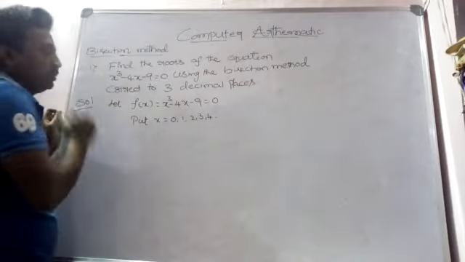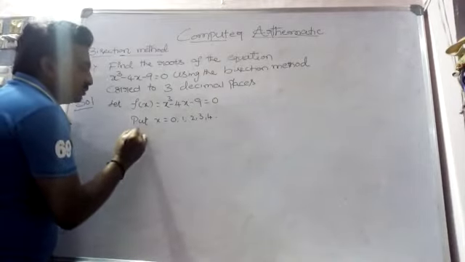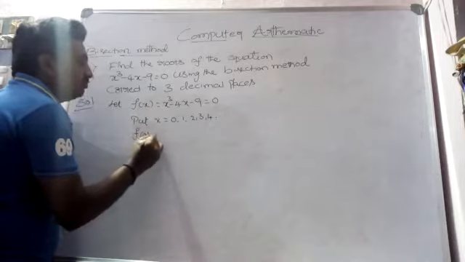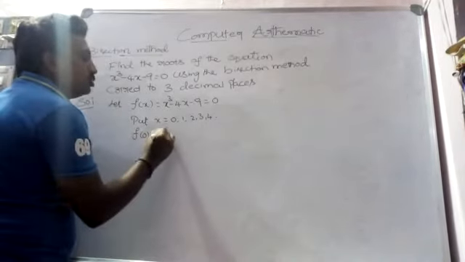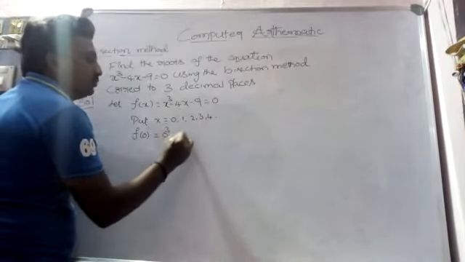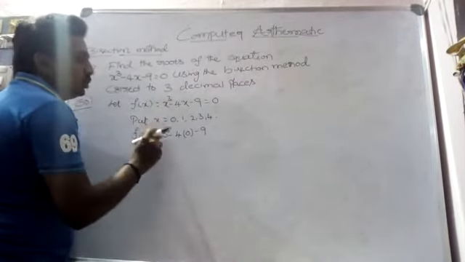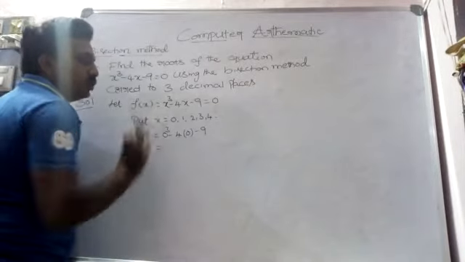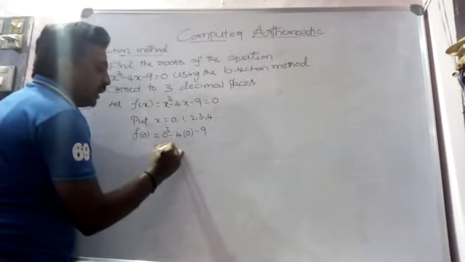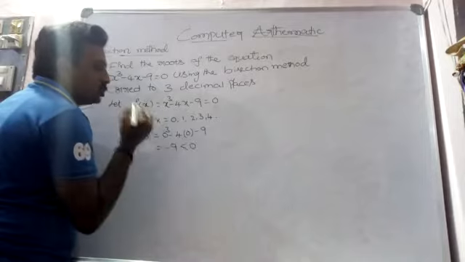Okay, observe this. First take 0. f of 0 equals 0 cube minus 4 into 0 minus 9. 0 cube is 0, minus 4 into 0 is 0. This is minus 9, it is less than 0.